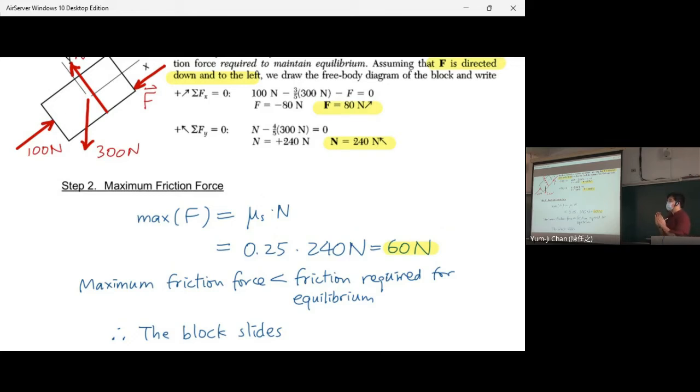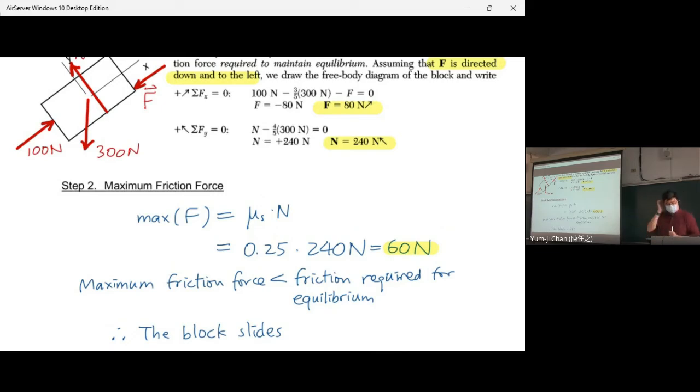After you write it down, please think about whether it slides up or slides down. So does it slide up or does it slide down? Up or down?